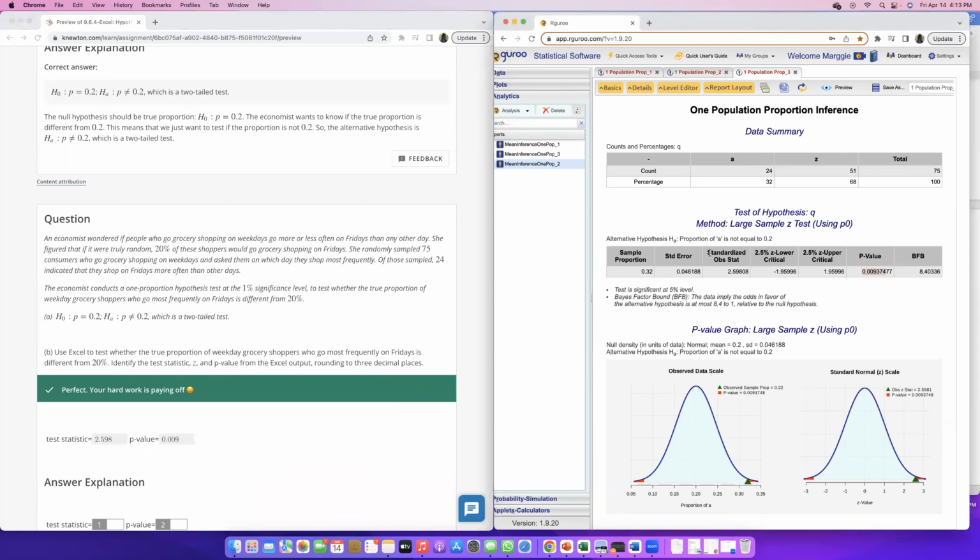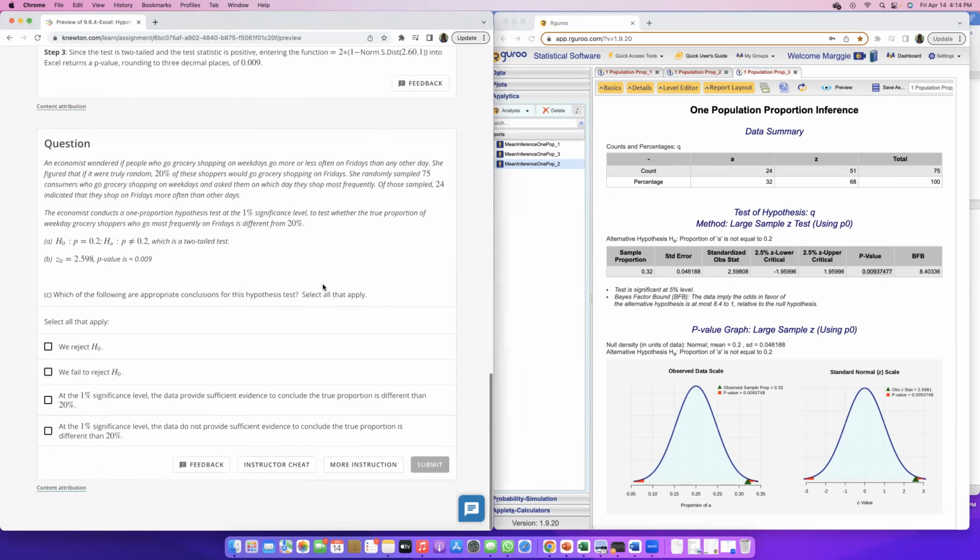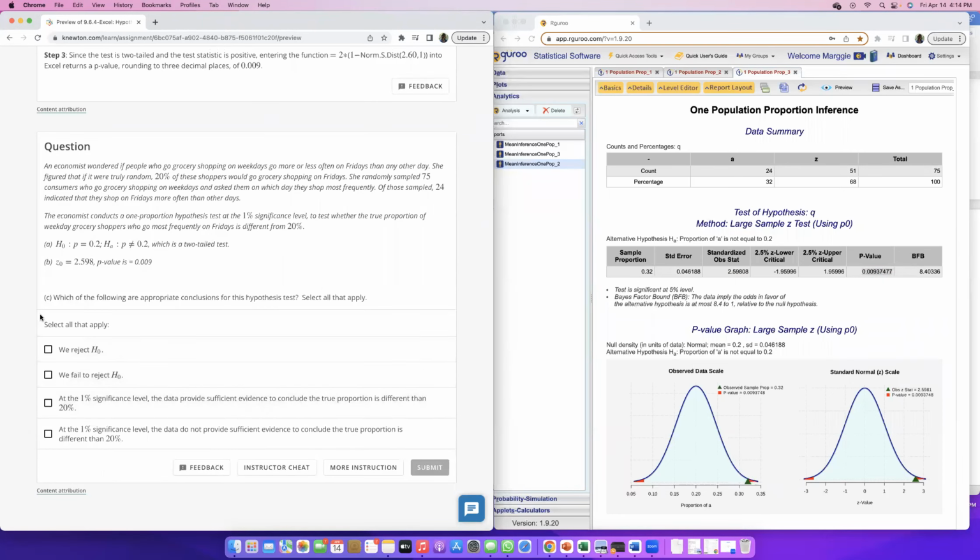All right, again, this 2.59808 is your test statistic, and this 0.0093747 is your p-value. We got that correct, and then we use that to make our conclusion.